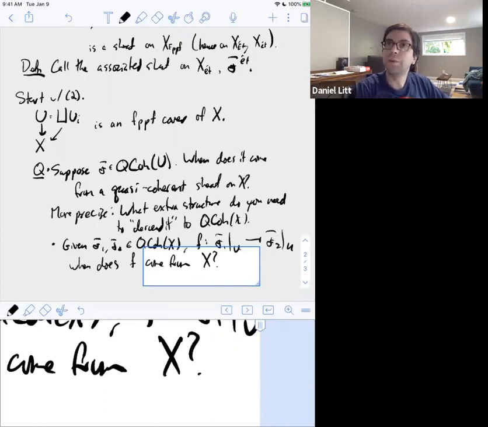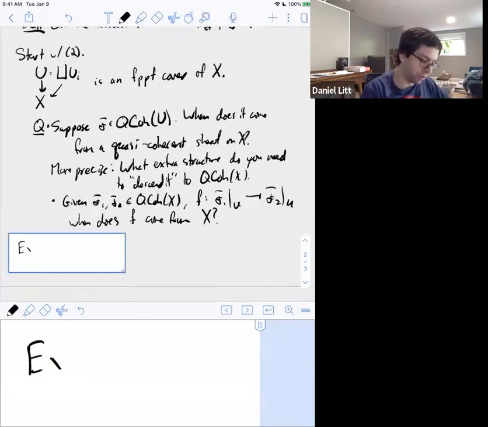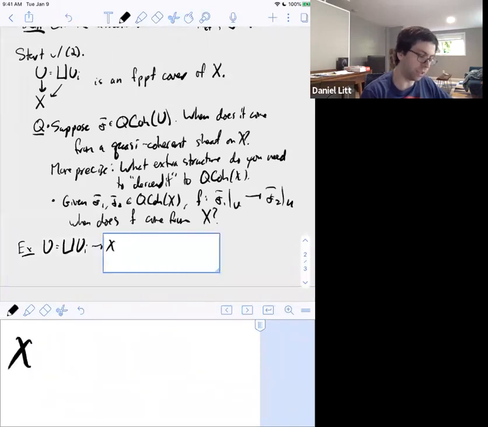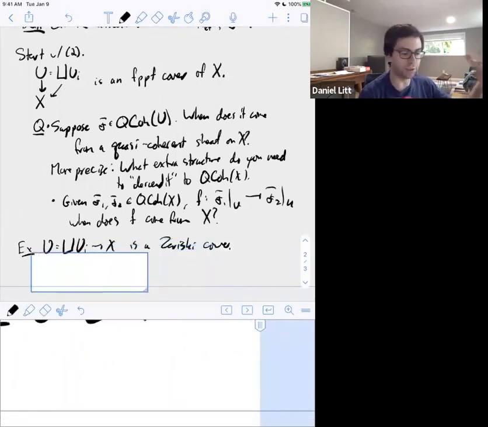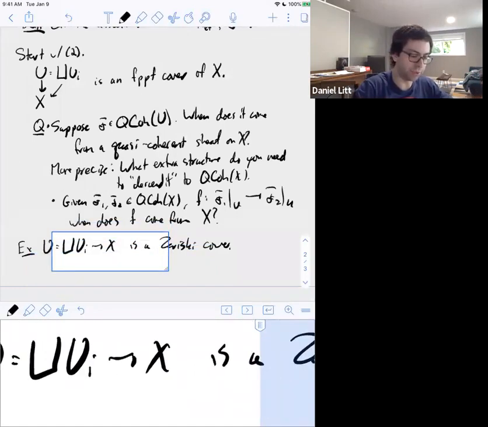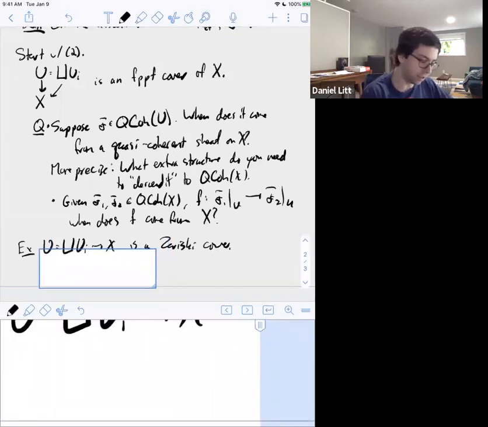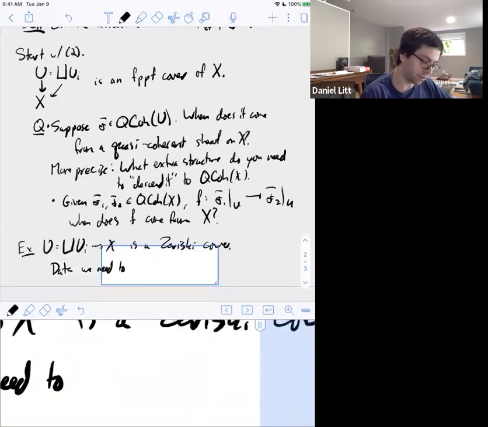Sophia says we want its restrictions to the U_i to be compatible with intersections. That's exactly right. So an example to think about is the case where U is a disjoint union of U_i, and U to X is a Zariski cover. Yeah, and this is precisely the motivating example. In that case, suppose we have a sheaf on U called F. What extra data do we need to get a sheaf on X?